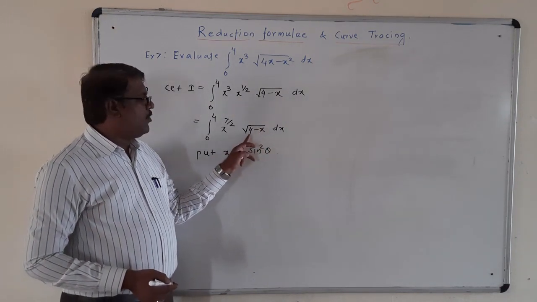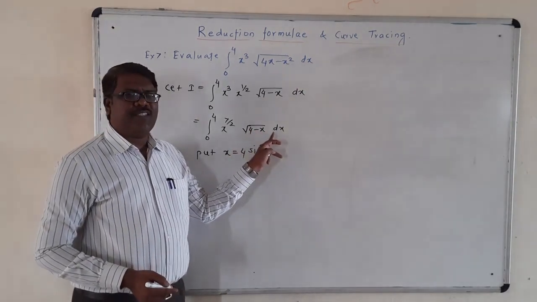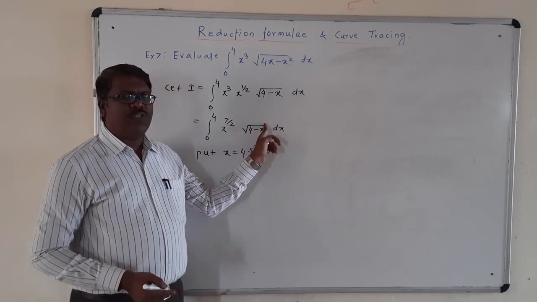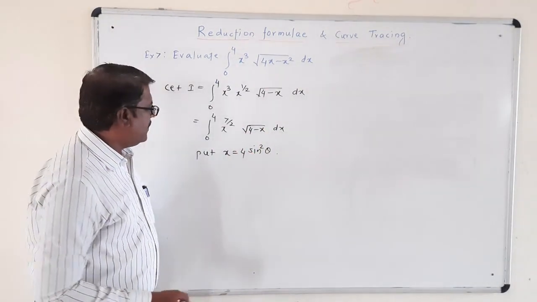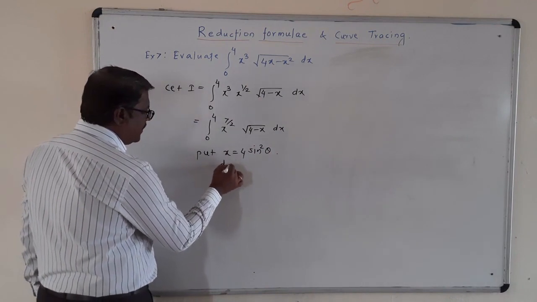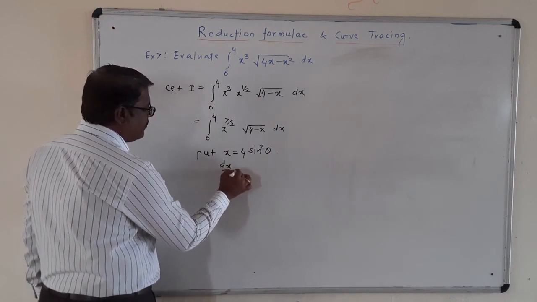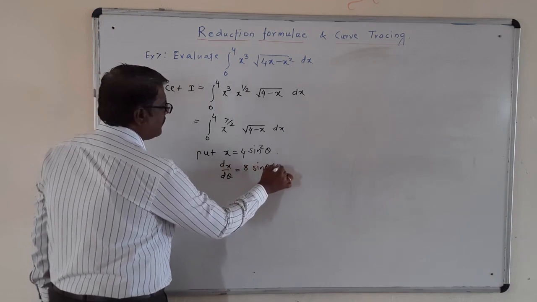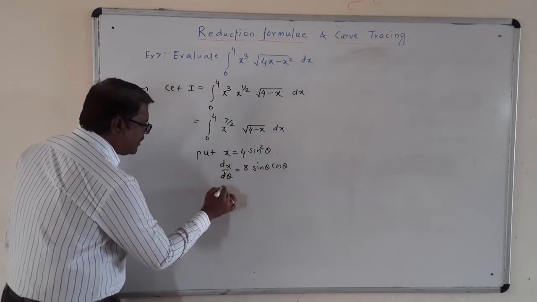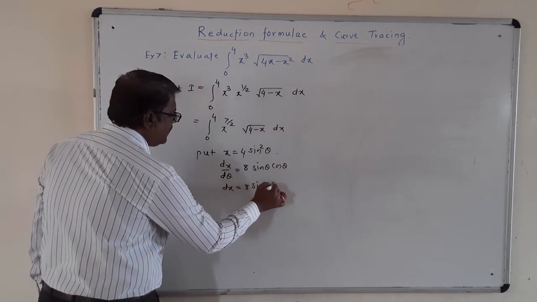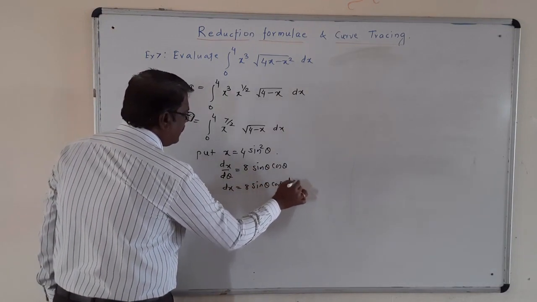I will take 4 common, then it is 1 minus sin square theta, and that will be cos square theta, and again its root will give us cos theta. So when x is 4 sin square theta, dx by d theta is equal to 8 sin theta cos theta, and this is nothing but dx is equal to 8 sin theta cos theta d theta.